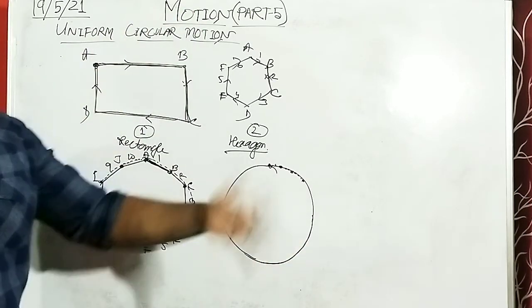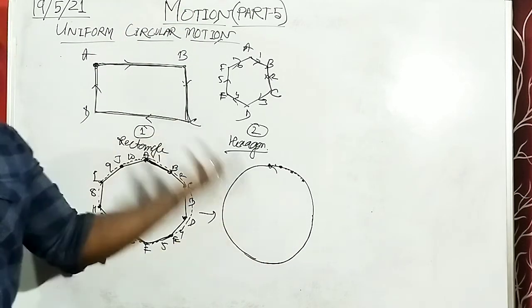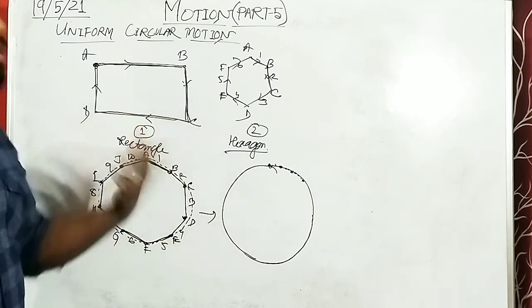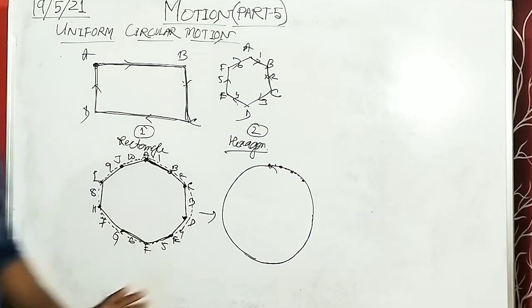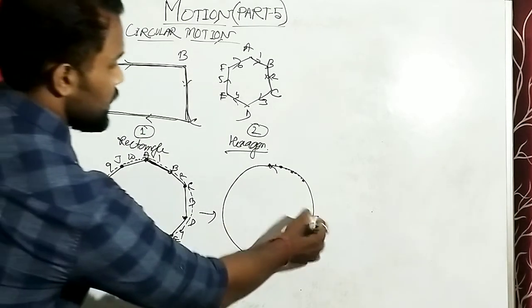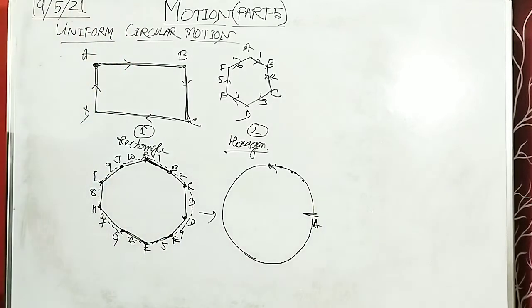Uniform circular motion means what? That velocity will remain constant, but its direction will change, right? And its speed, its magnitude, will remain the same, right? This is the main thing. Now consider that this is the starting position A, right?